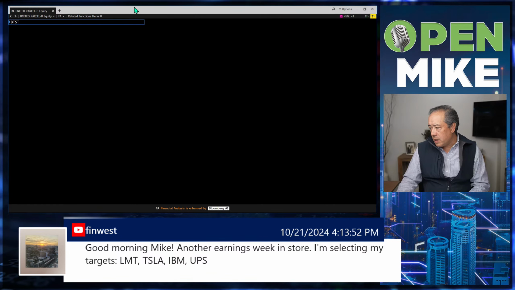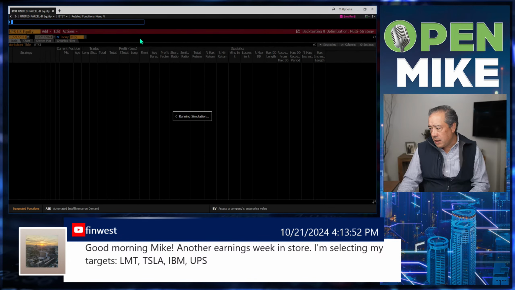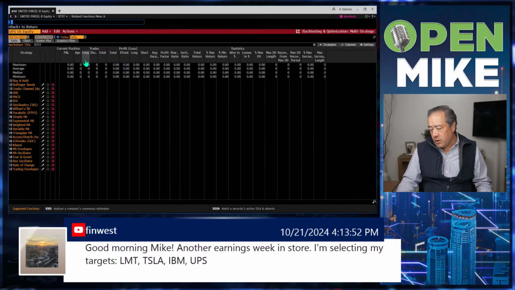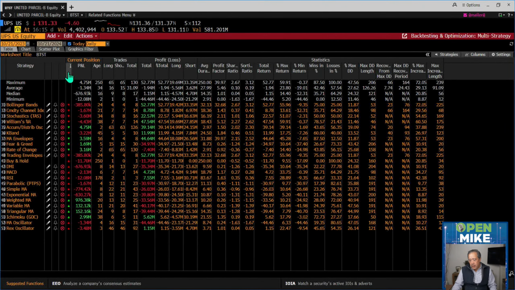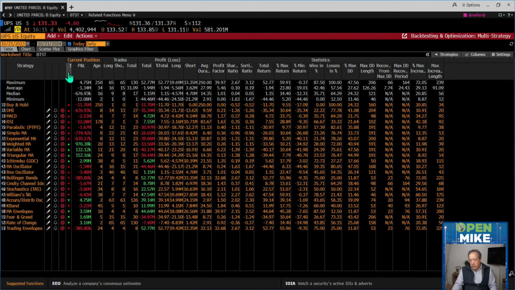So we'll take a look at the technicals on UPS here. And again, not my technicals. It looks like those are, well, ignoring this one, a little better than 50-50, obviously.